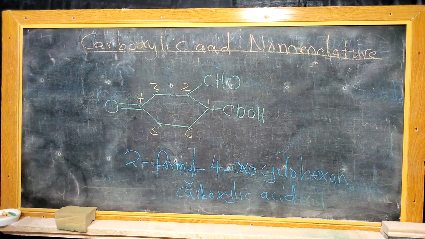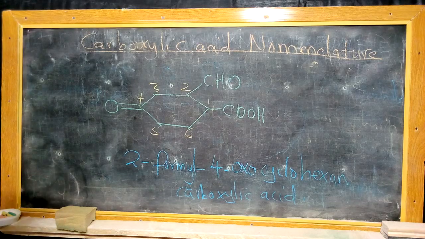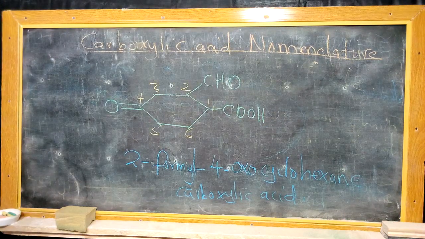Now we shall look at other examples of a similar nature, but when the numbering cannot include the carbon of the carbonyl, the suffix carboxylic acid is normally used. So this is hexane carboxylic acid. The suffix carboxylic acid is normally used.